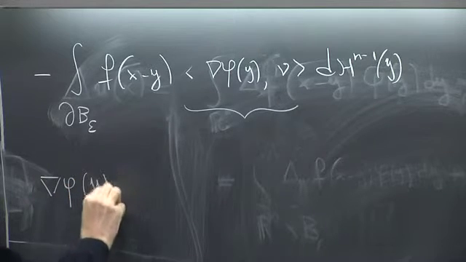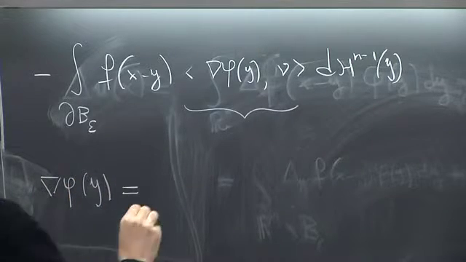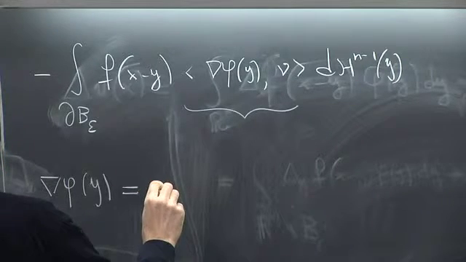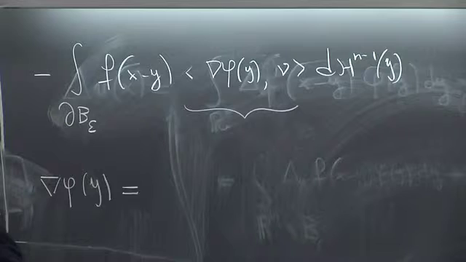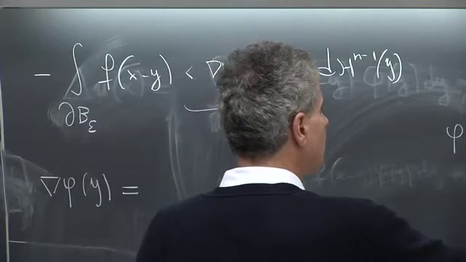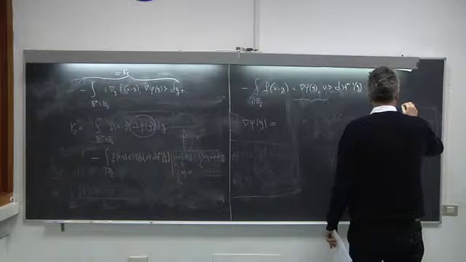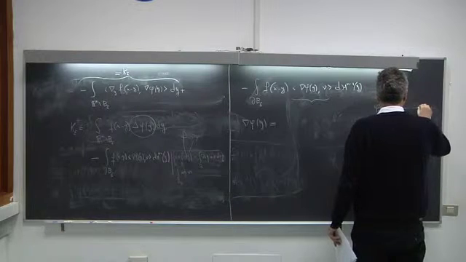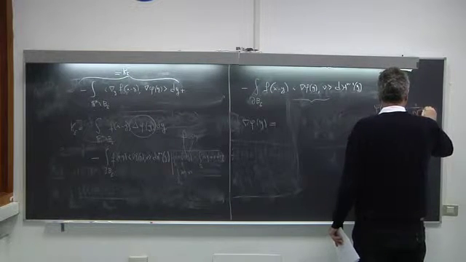So the gradient of phi with the proper constant. Phi was equal, say for instance, when n is larger than or equal to 3, to 1 over n(n minus 2) omega n, times 1 over |y| to the n minus 2.